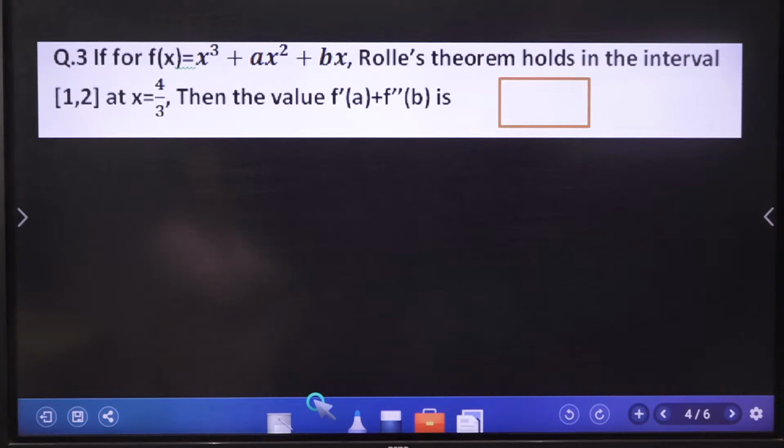Any one of you who got the answer, please write in the chat box. Okay, so now I am going to explain this problem and let us try to find out the answer.